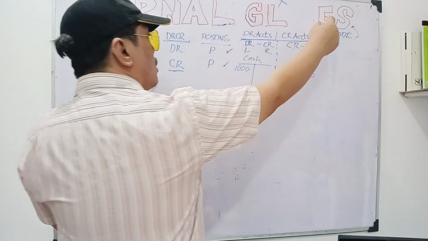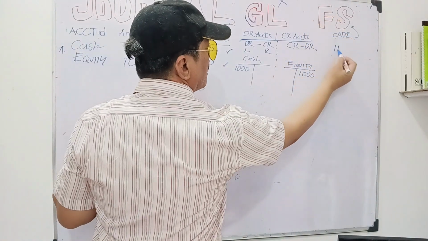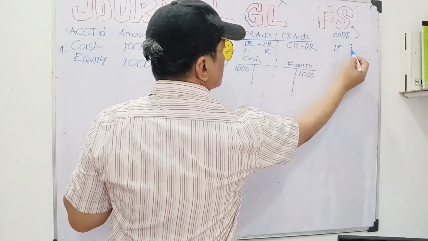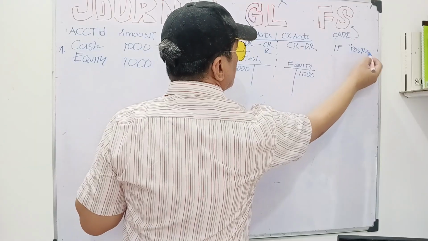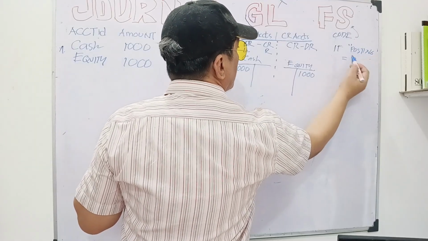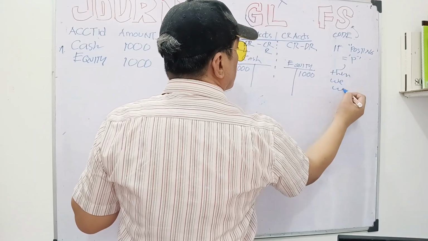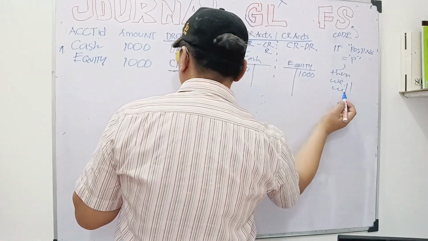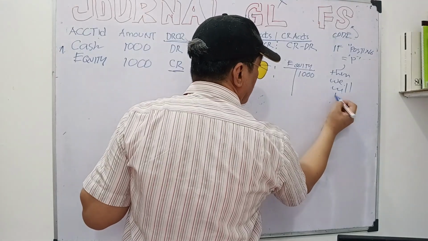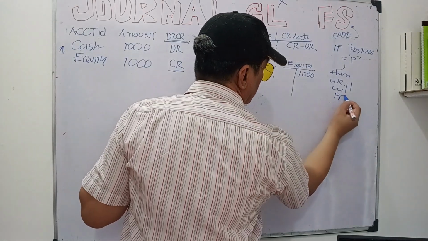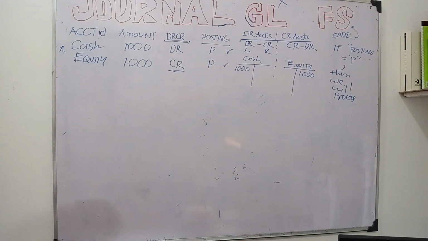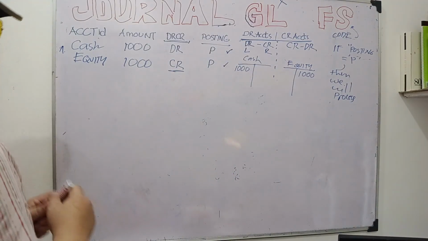So the code of the reports would be like, if posting is P, then we will process. Simple as that. But we will not compute it first because it's just the first entry.